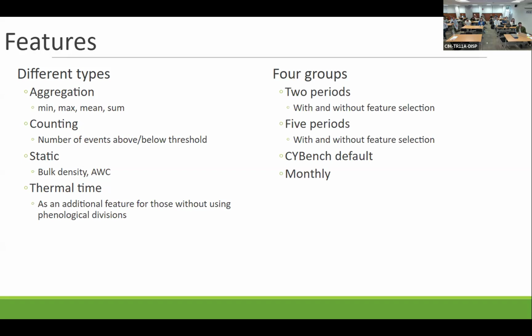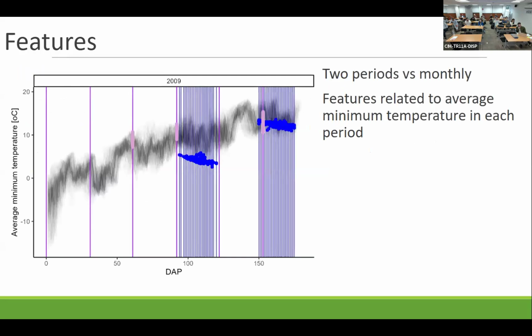We had the default for COA bench, which included the monthly averages and also some maximum values and so on, but also some counting and the thermal time that I mentioned. And we had a simple one, just monthly aggregations of the time series and some for precipitation.